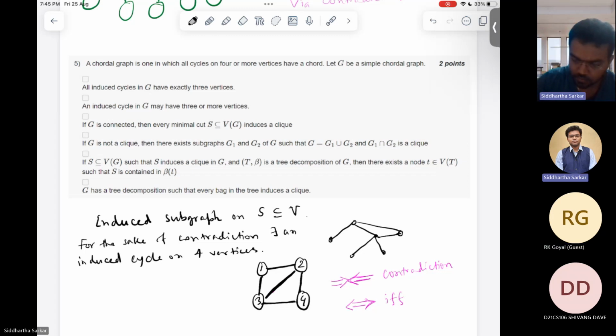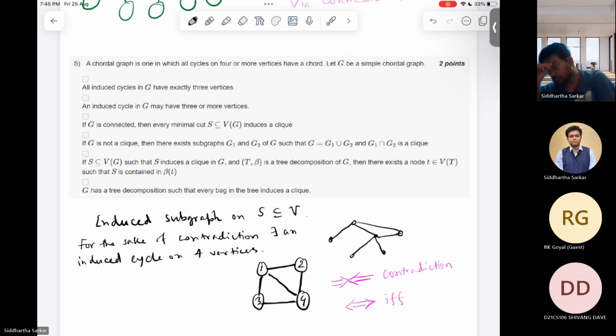Either this diagonal or this other diagonal is sufficient to destroy the existence of this 4 cycle. So basically, we want to destroy all larger cycles. Yes, true. So it turns out that all induced cycles in G are basically triangles. So this is true.